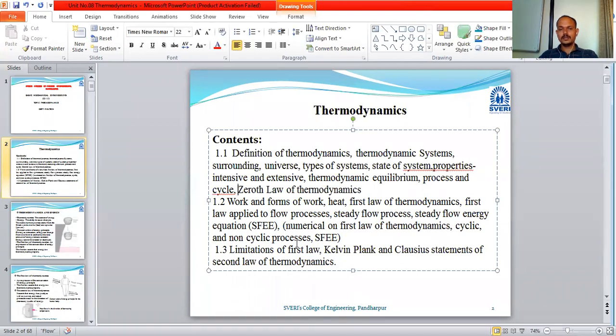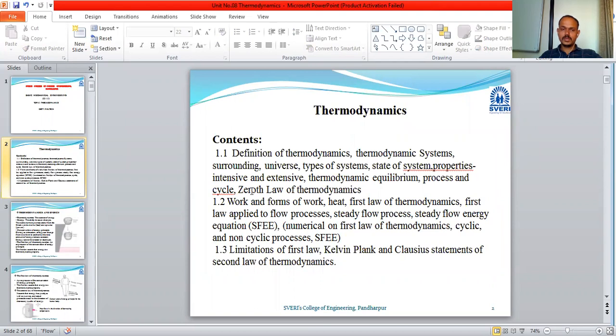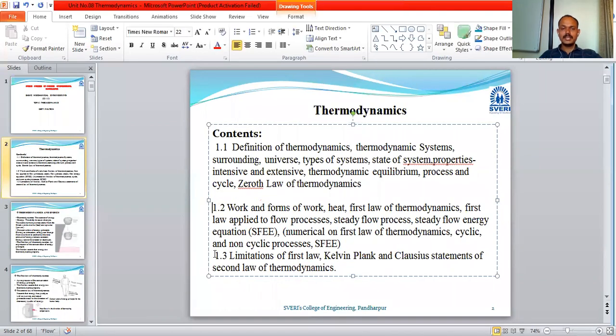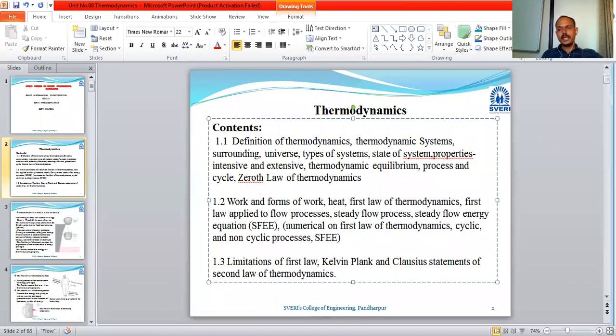Whether work and heat are also there in the previous syllabus. Yes, sir. So you do one thing, write this syllabus. First write the name of the chapter, thermodynamics.